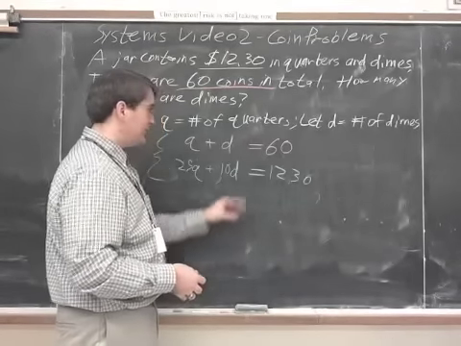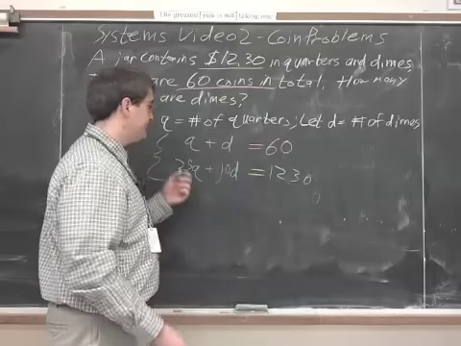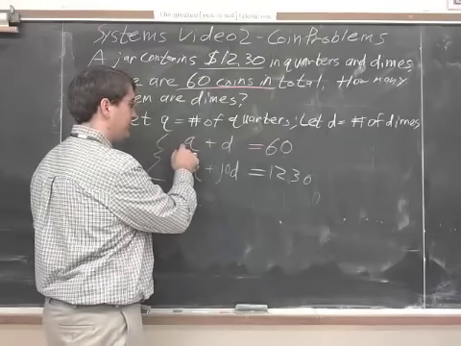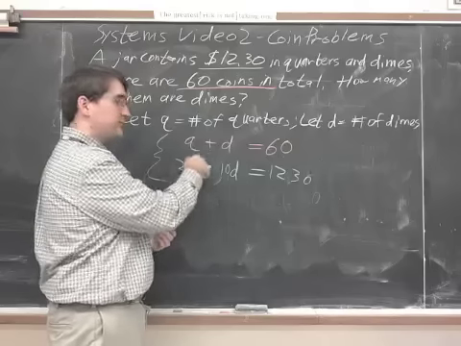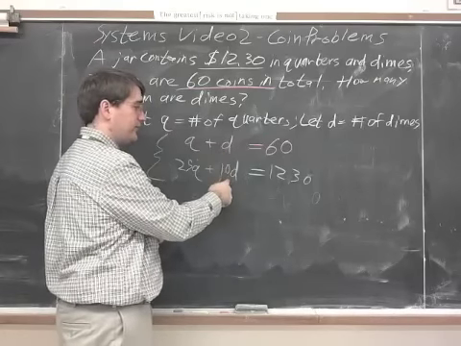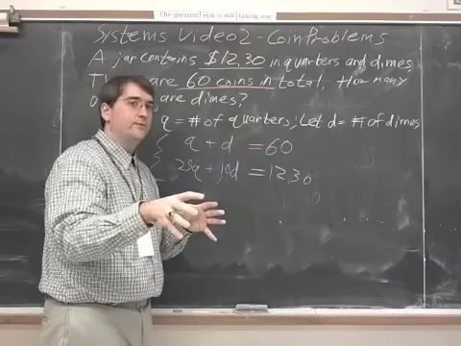Once we get to this point, there's a variety of strategies that you can use. You could multiply the top equation by negative 25, so that the negative 25Q will cancel with a positive 25Q. You could multiply it by negative 10, so that you get a negative 10D that cancels with a positive 10D. Those would be useful for elimination.